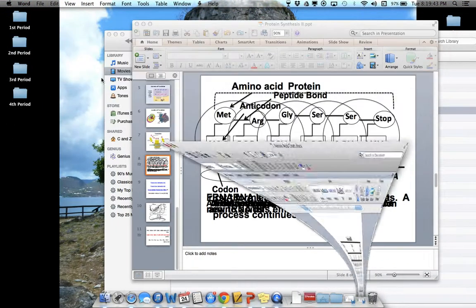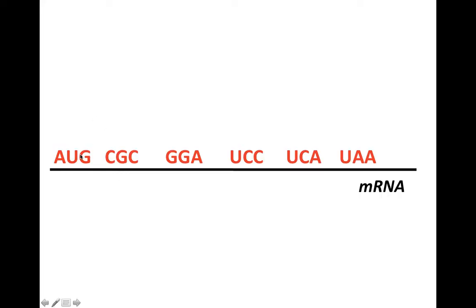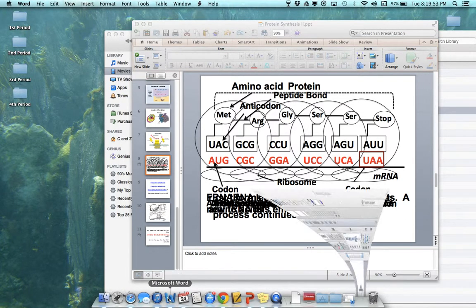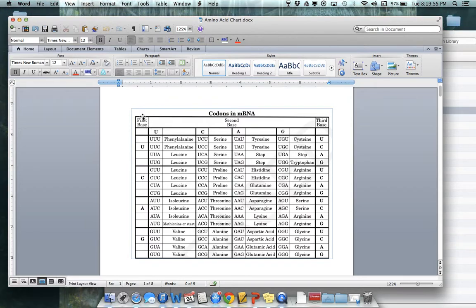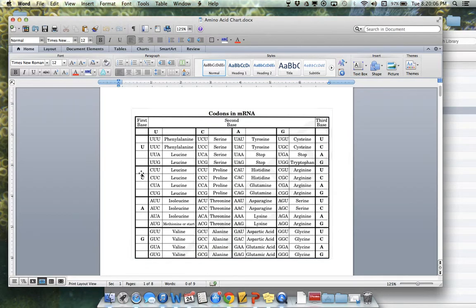All right, so that first one that we had here was AUG. Let's take a look at AUG. Remember that one. What you do here is, if you notice where it says first base, and yours might be a little bit different, you could just look for AUG, but it helps to use these little side things to make it a little bit easier.